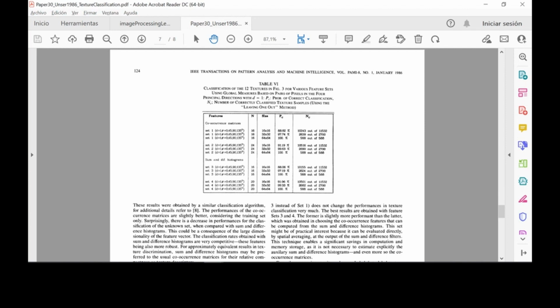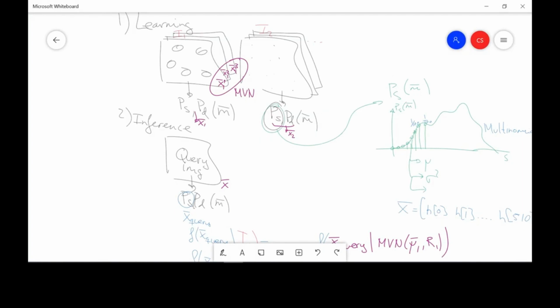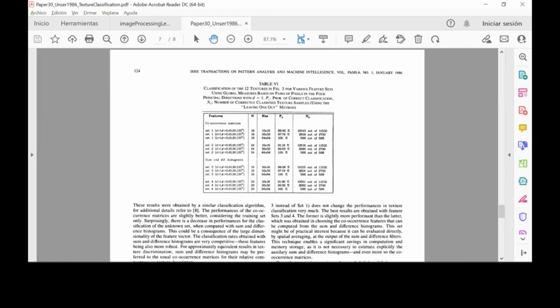So these summaries, this purple summary, are normals. And they're a little bit worse. You see, 88, 91. But if the patch size is large, then you have 100% correct classification.